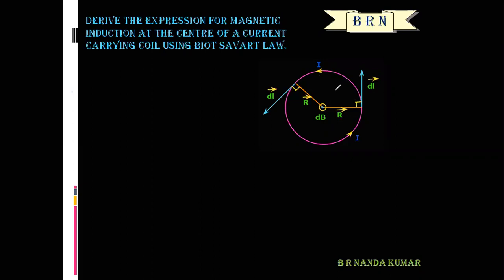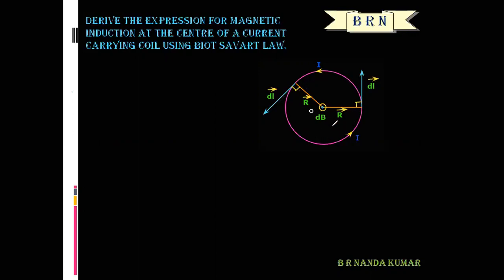The fingers encircle in the direction of current, and the thumb points in the direction of the magnetic field. The direction of the magnetic field at the center is normally outwards.